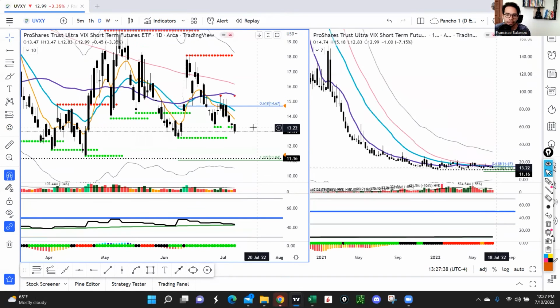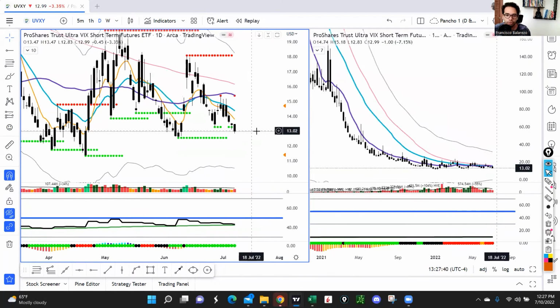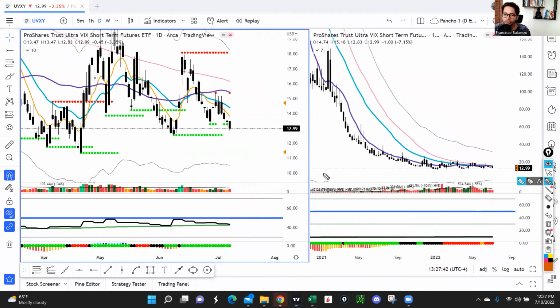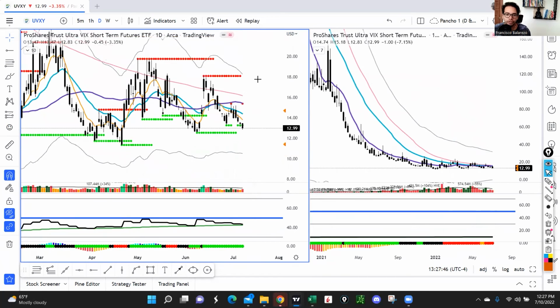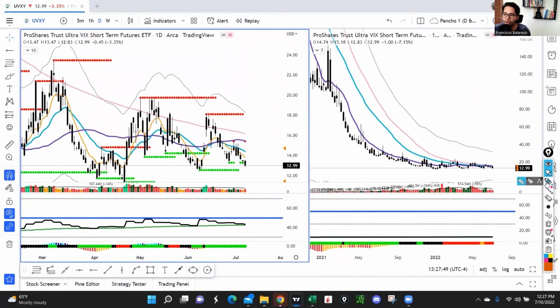And you can see that here, let me just hide the drawings for a second. You can see right here this is the UBXY. And what I actually see pretty interesting in the UBXY is that we have been rejected at this 200 daily moving average for quite some time right now. And I think that after this move right here, I thought that this was going to be the move that was actually going to take us a lot higher. We were not able to move above it.